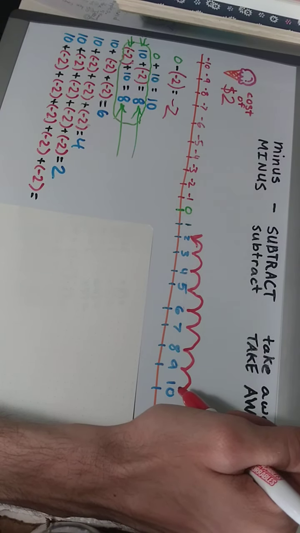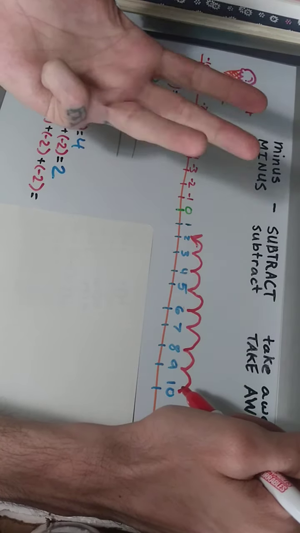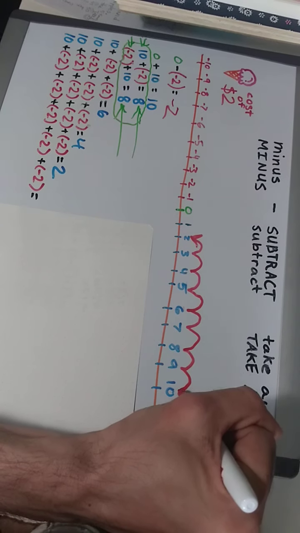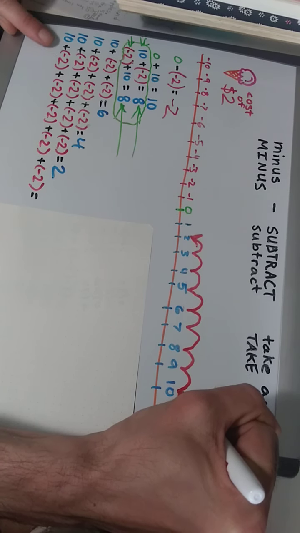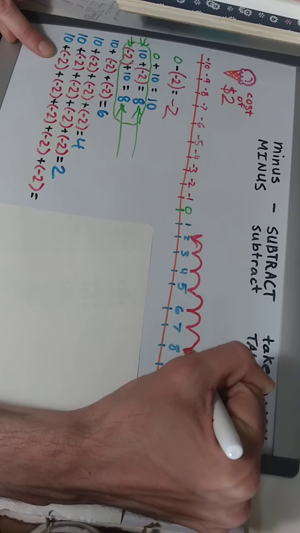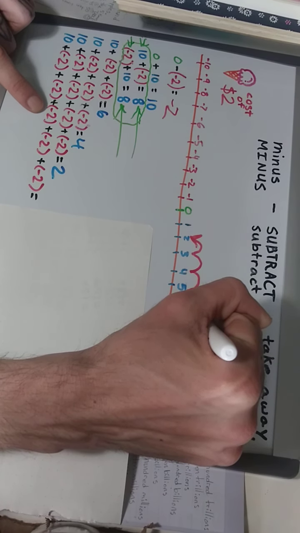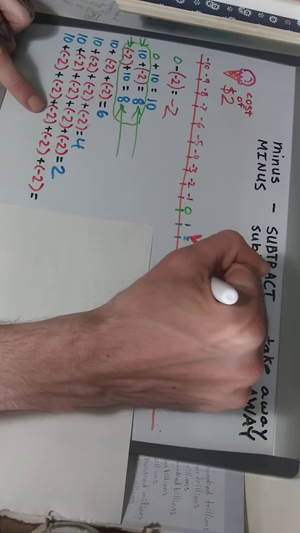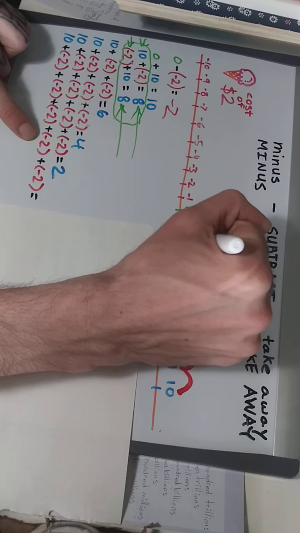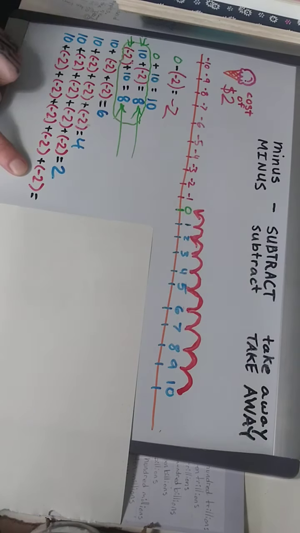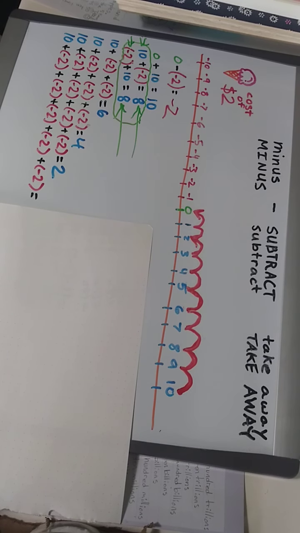They each cost 2. We could count by 2s: 2, 4, 6, 8, 10. That's 10. Okay, let's look here. We start at 10, plus negative 2, plus negative 2, plus negative 2, plus negative 2, plus negative 2. And that leaves us at 0.